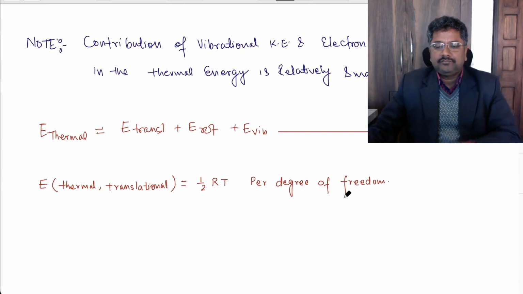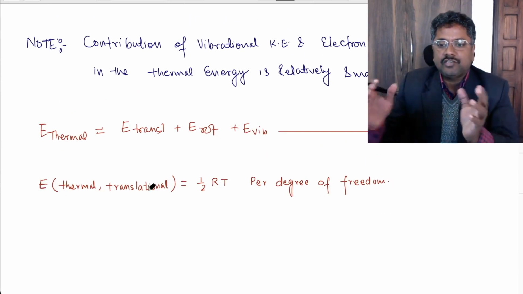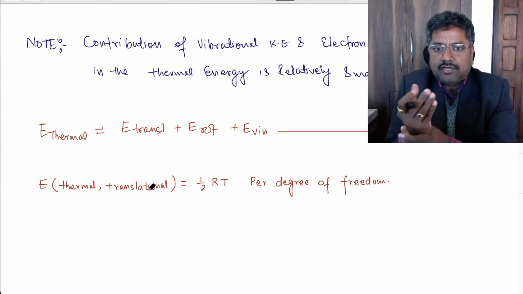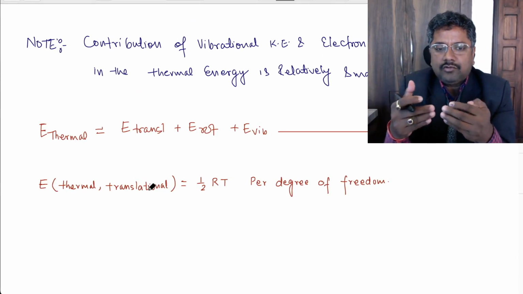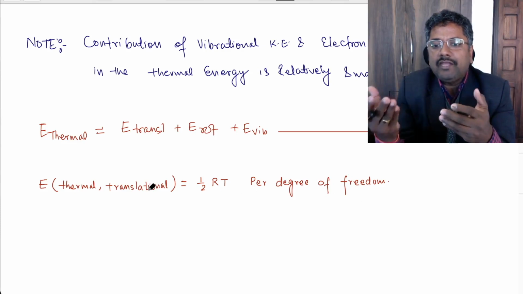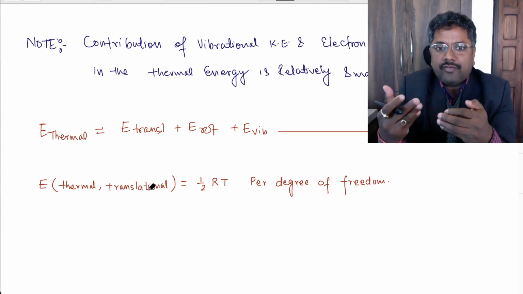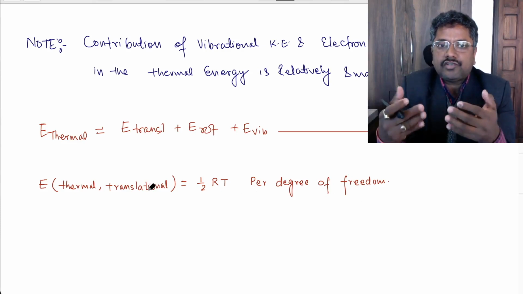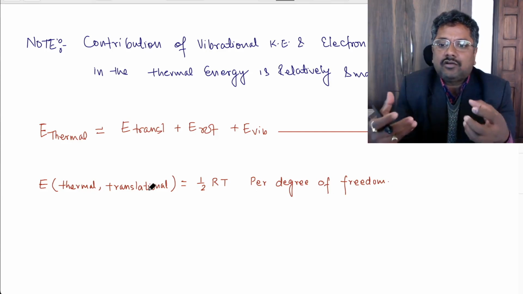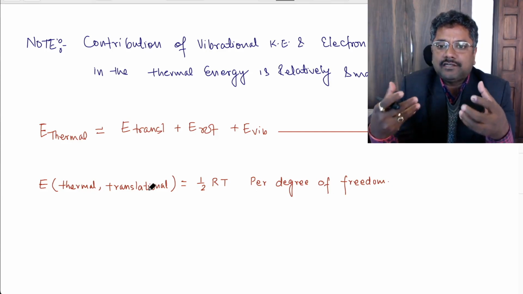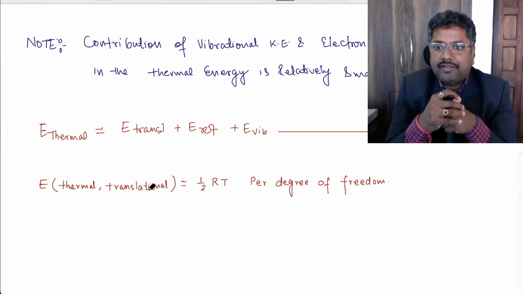Degree of freedom, see the translational motion. So any molecule can translate in how many ways? The number of ways through which a molecule can translate is known as the translational degree of freedom, right?